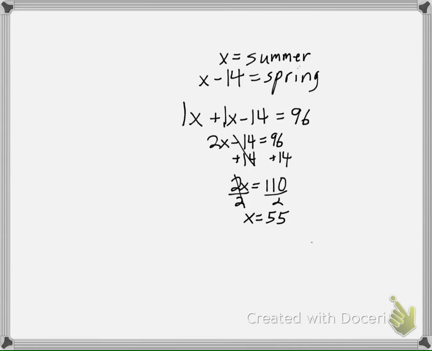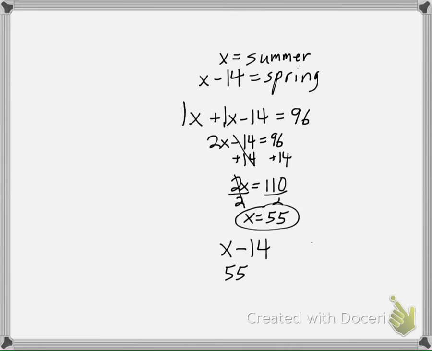Because the question asks how many cars were washed during the spring car wash, and x is summer. So in order to find out the spring, we have to do x minus 14, which x in this case we already know is 55.